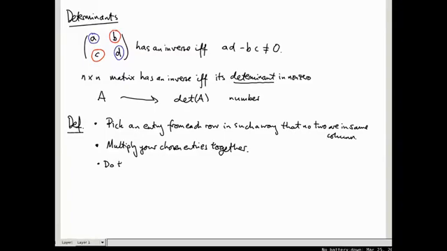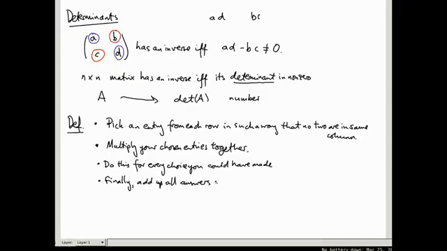So at this point we would have AD and BC if we were 2 by 2, and finally you add up all the answers with signs.